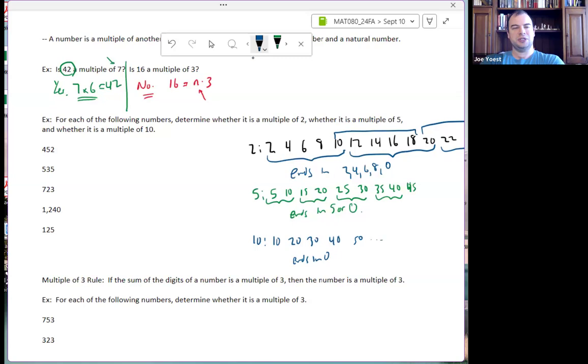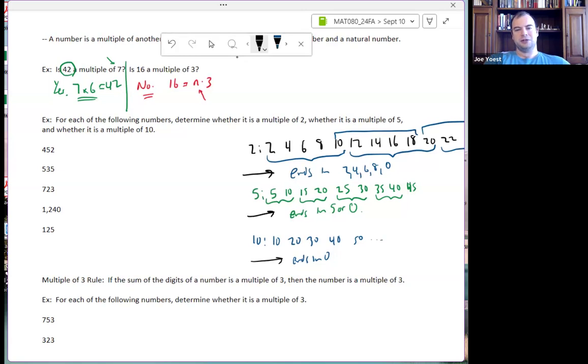So numbers that end in 0 are multiples of 10. So I can come over here and just look at each of these numbers' last digit and actually tell very quickly, just by what that last digit is, whether or not it's a multiple of 2, 5, and or 10.